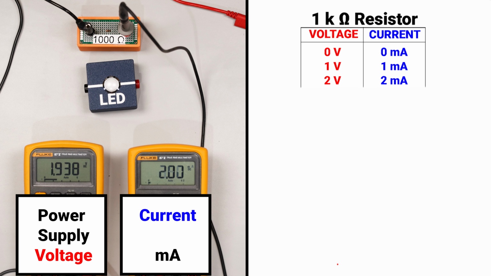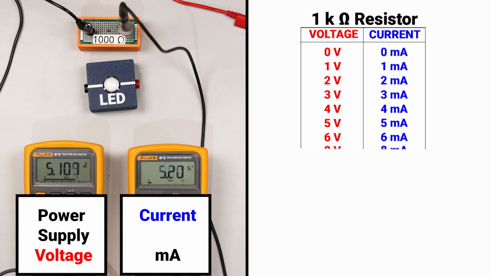As I increase the voltage on the left at the power supply at 2 volts, I have approximately 2 milliamps. At 3 volts, I have approximately 3 milliamps. At 4 volts, I have approximately 4 milliamps.